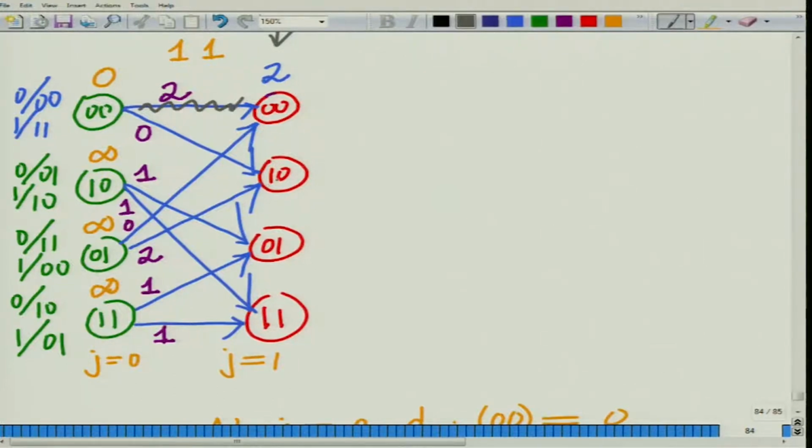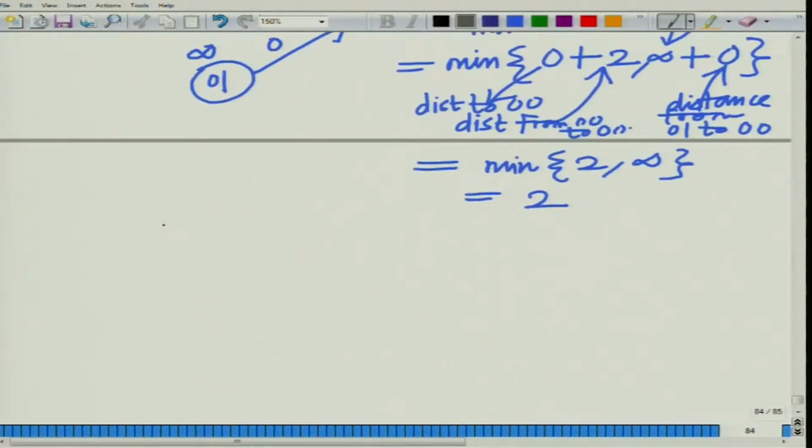Now similarly, look at the state 1 0. I can come to 1 0 from 0 0, or I can end up in 1 0 from 0 1 at time instant j equal to 0. So the minimum distance to 1 0 is the minimum of d min to 0 0, that is 0, plus the branch metric 0, or infinity, the d min to 0 1, plus the branch metric between 0 1 and 1 0, which is 2.